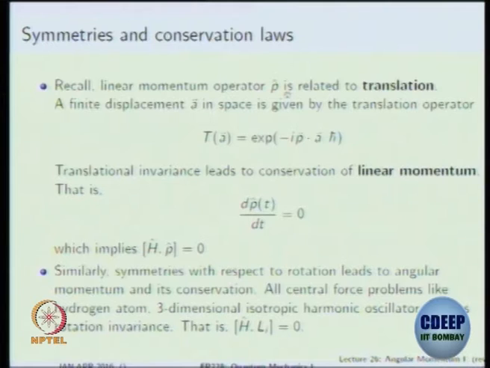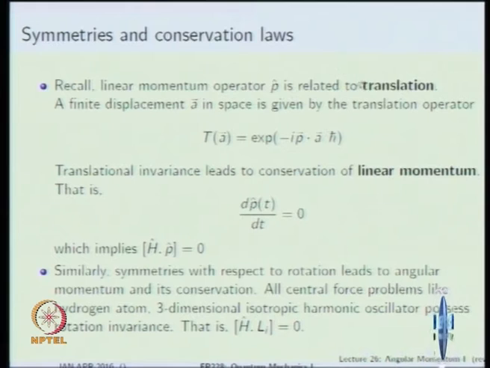So the linear momentum operator is an operator which performs the translation, and for a finite displacement, this operator always comes with the amount of translation you have done. This is sometimes called a parameter.